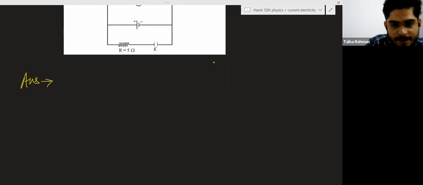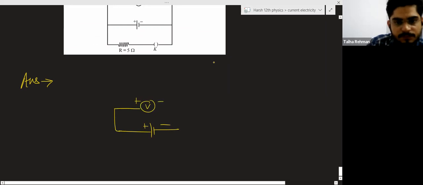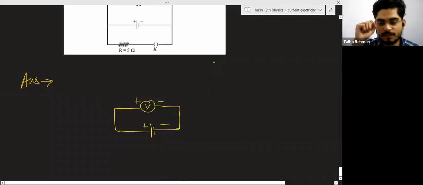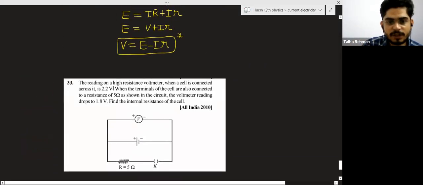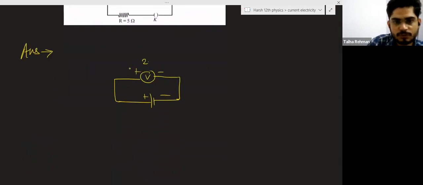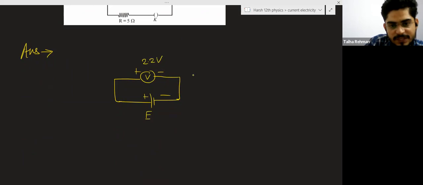First they are saying you have a cell and you have connected this cell with a voltmeter. When you connect the cell with the voltmeter, the reading on the voltmeter is 2.2 volt, and this 2.2 volt reading will be the EMF of this cell.